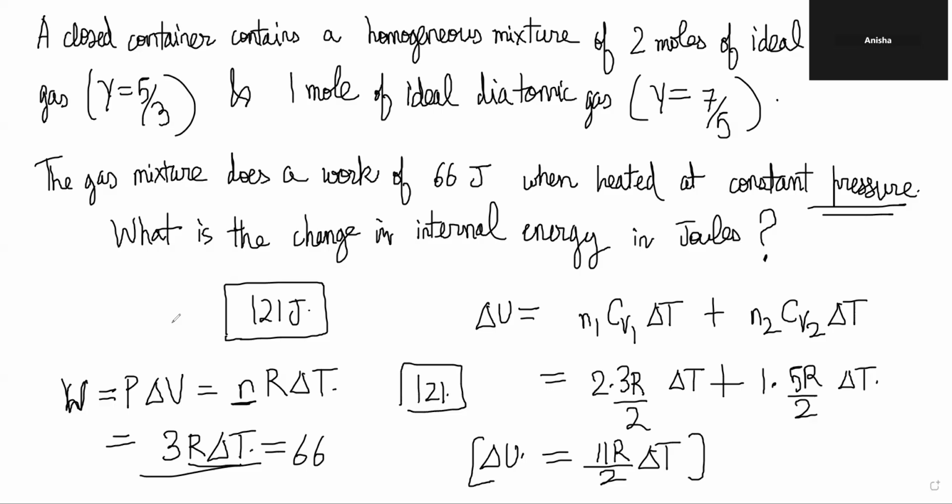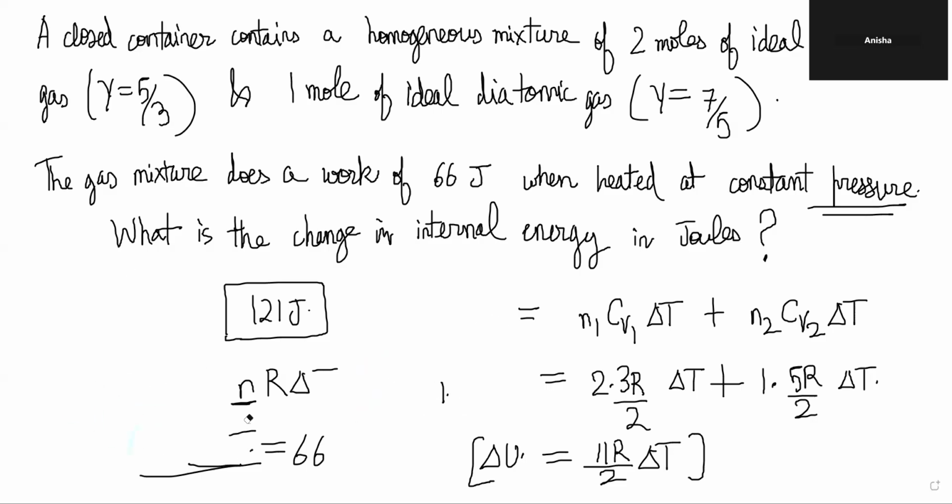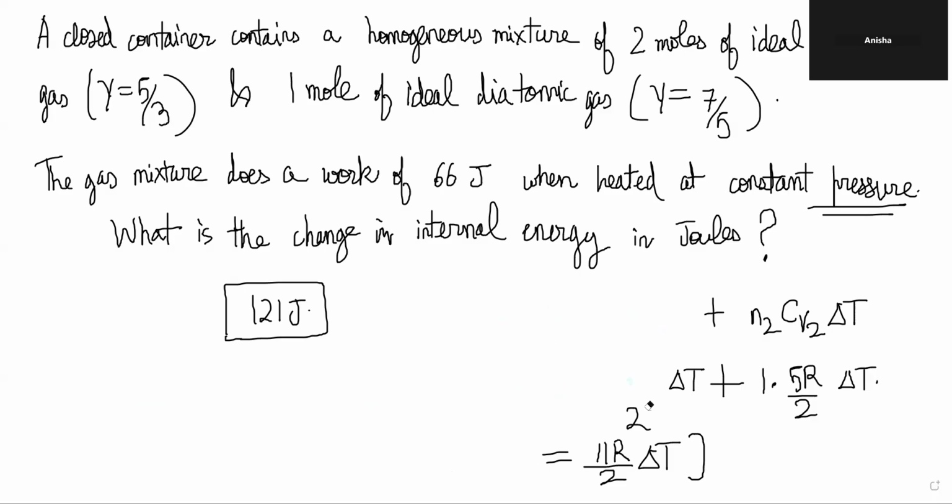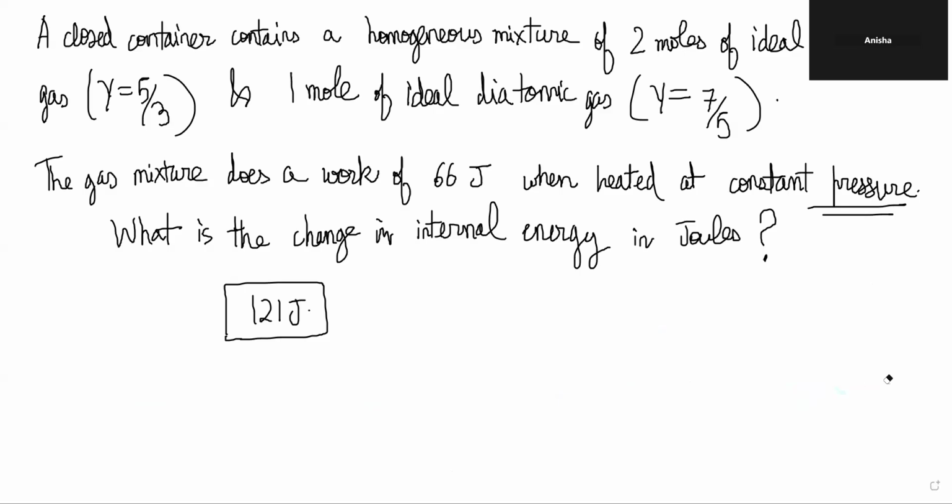Also, by the way, that is the same solution, but you could have done it in a different way by finding the gamma for the mixture, right? The mixture has a gamma which is N1 gamma 1 plus N2 gamma 2 by N1 plus N2.